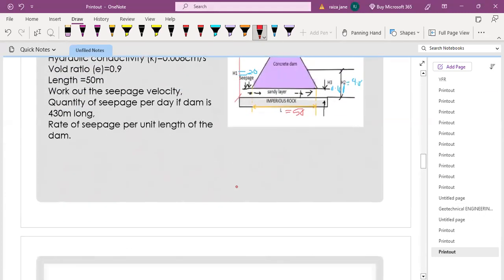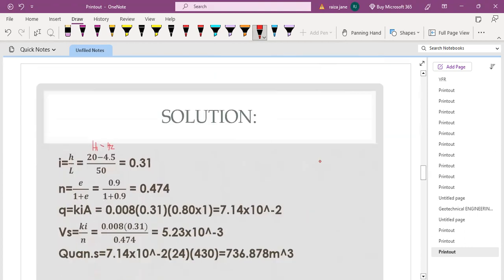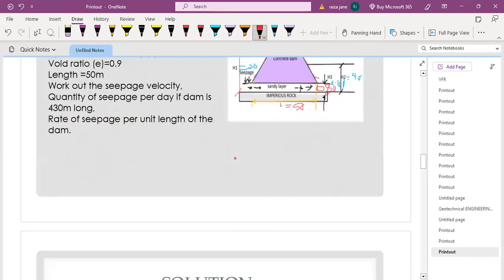So, yung 0.80 kasi, ayun yung thickness ng sandy layer natin. Thickness niya within here, tapos dito sa impervious rock natin. Dito yung 0.80. Yan. Times 1. Why? May times 1 tayo dyan?